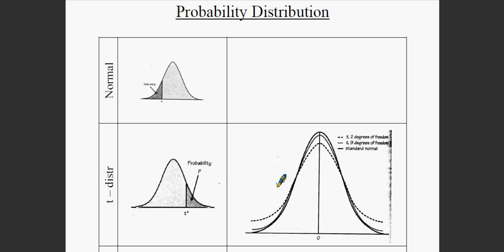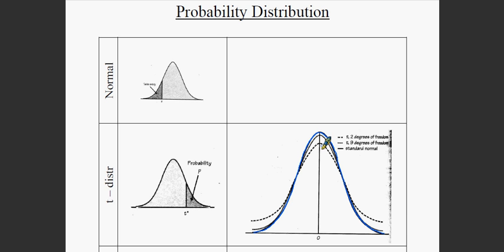What I'll do is I'll highlight the normal distribution. There it is in blue. And these other ones are the t-distributions. So the shape of the t-distribution is mound-shaped and symmetric, but generally it's a little wider. There's more variation. Standard deviation is generally a little bit bigger with the t-distribution.